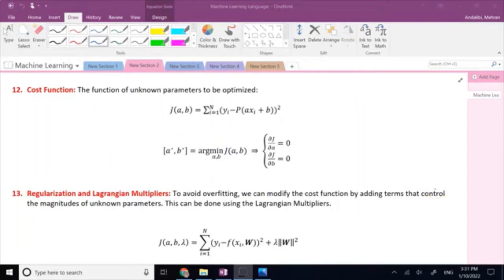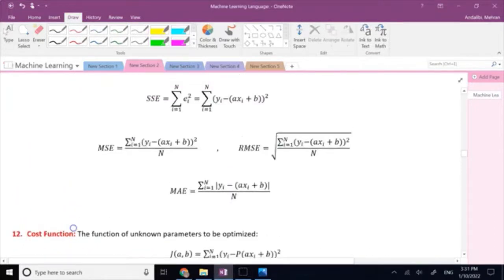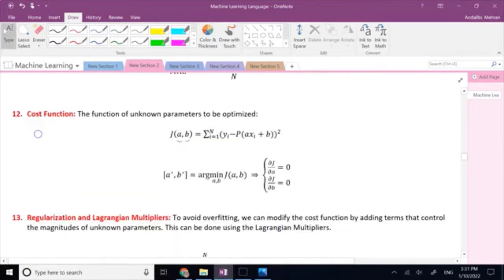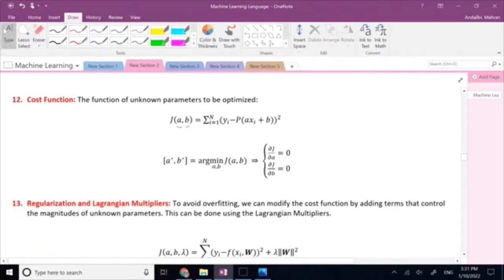Our next topic is the cost function. And the cost function is basically a function of the unknown parameters of the model that you define. It is typically a function like these error functions, and you typically try to minimize it. Or if it's another function like entropy that we will see, you try to maximize it.